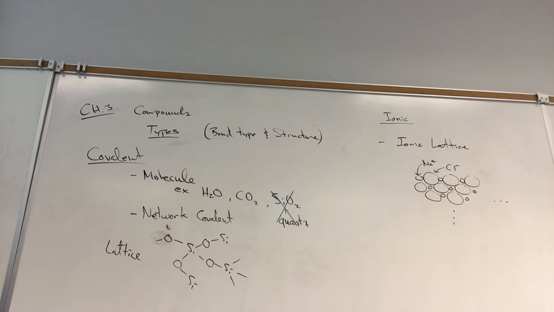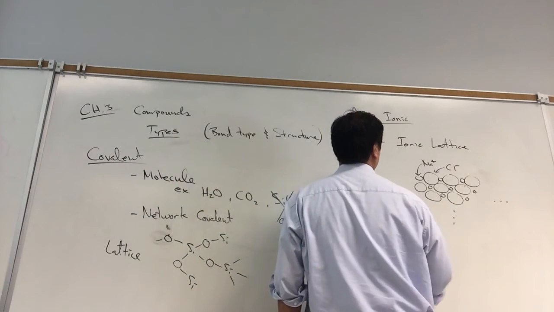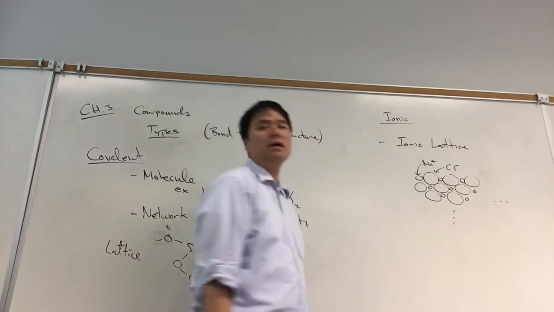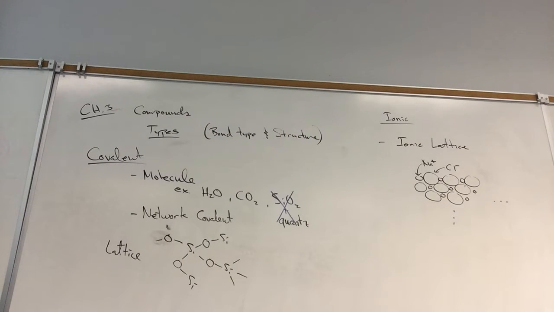And they occur in different sizes, big crystals, small crystals, depending on how extensive this lattice extends in each direction. So we got ionic lattices. And so we want to recognize, what type of compound is it? Is it molecular, network covalent, or ionic? Have some idea of the structure.